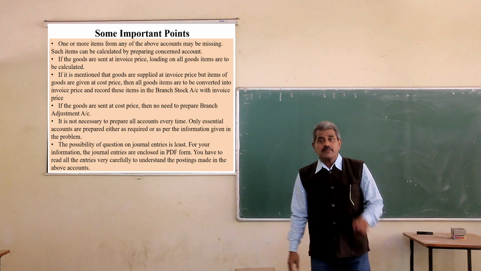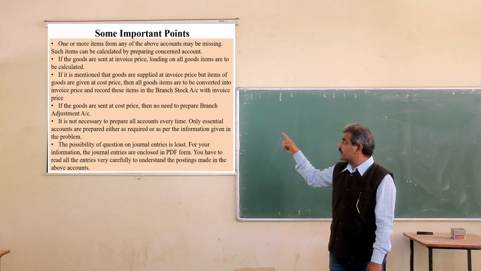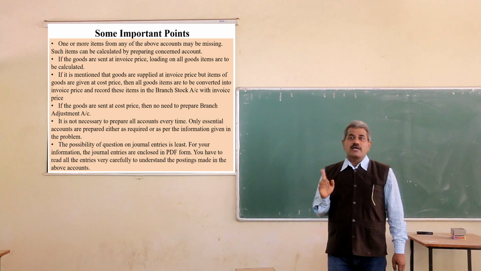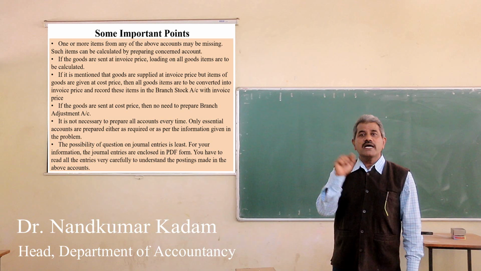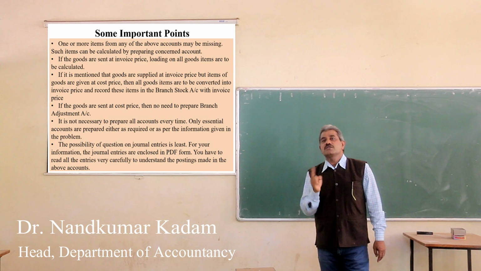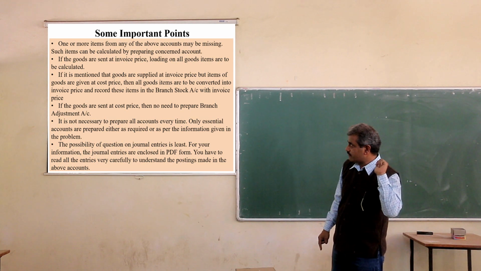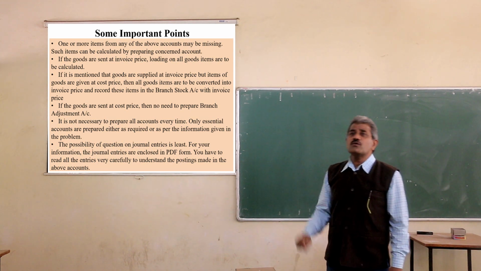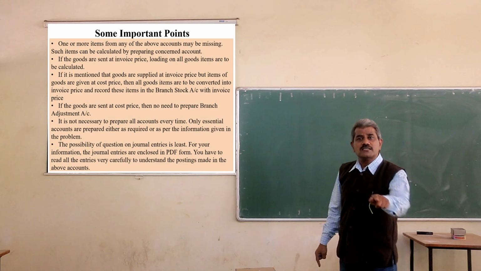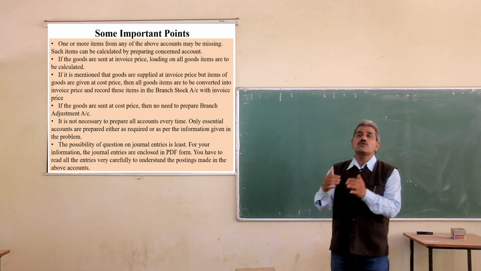Second, if the goods are sent at invoice price, loading on all goods items is to be calculated, because the rule states that all the entries, all the postings should be made at invoice price and the loading should be cancelled. So you have to calculate the loading if the goods are invoiced at invoice price. Next, if it is mentioned that goods are supplied at invoice price, but the items of goods are given at cost price, then you have to calculate the invoice price of all goods items.